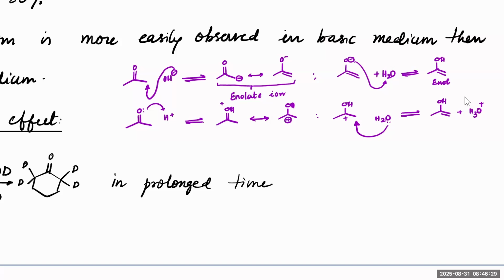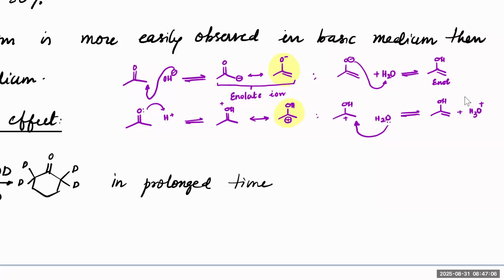Now, see the difference in basic medium and in acidic medium. In basic medium, you will see there is an enolate ion forming, correct? While here, there is an enol type of compound formed with a positive charge.